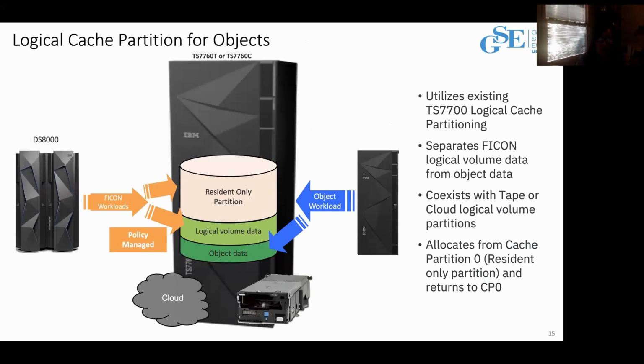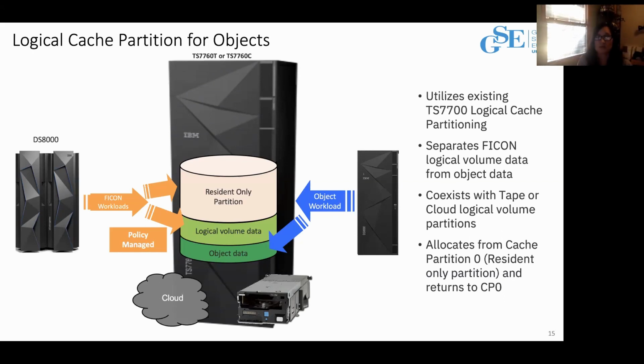So how do we separate this out? Logical cache partitions, like I said, is a concept that we've had out for a number of years. This is how we allow different management of your logical volume data to tape or to cloud at the back end of your TS7700. Basically, all we're doing is taking one of those cache partitions and marking it as an object type partition, and that's where all your objects will be going.